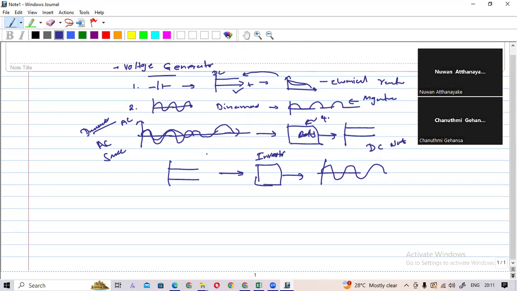This AC signal, the commercial power signal, is generated through a dynamo.